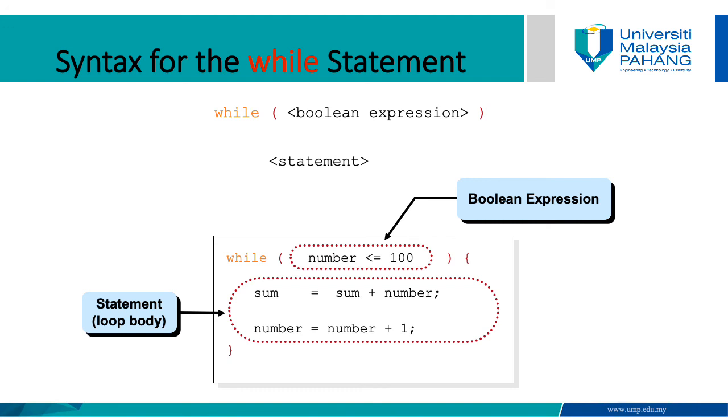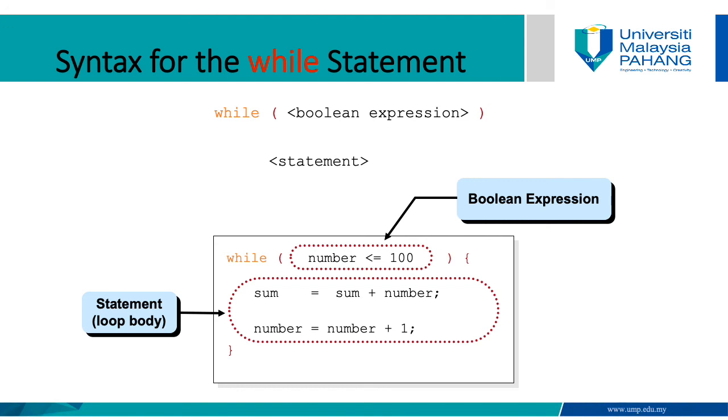For example, if we have number 1, sum equals sum plus number, so 1 plus 1 is 2. So number will be 2 plus 1. It will keep on increasing the value until the number equals 101. Then it will exit the loop body.